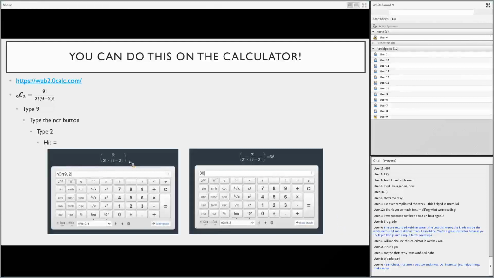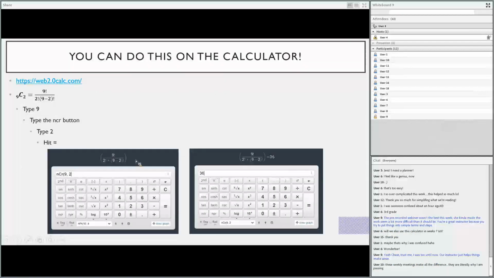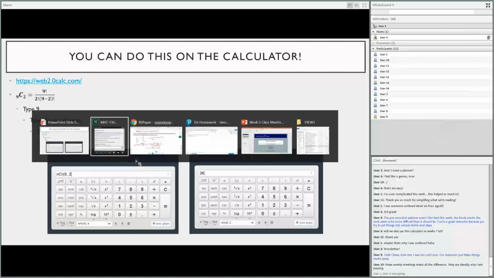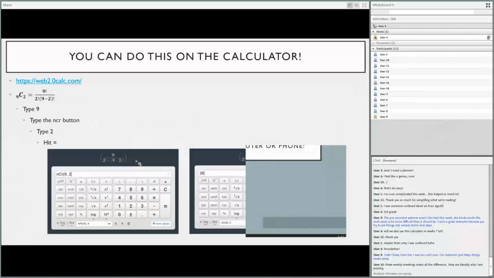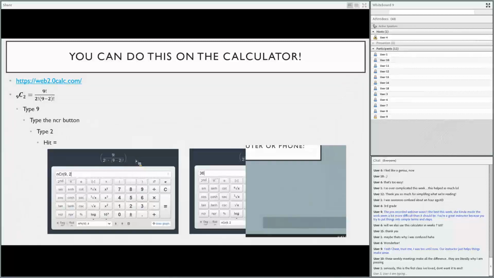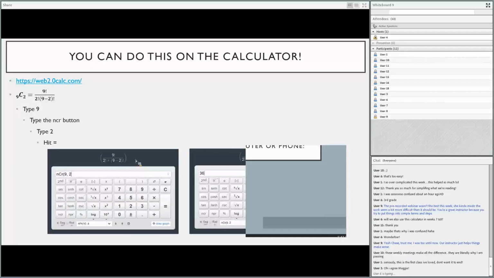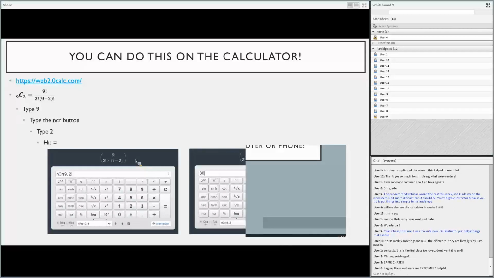That feature of this calculator is going to be super, super helpful in the next 2 weeks, because we're going to have these formulas that are not hard, but putting them into a single line calculator can sometimes get a little gnarly because there's a lot of parentheses you have to put in. So having the ability to see what it looks like before you hit enter, just to make sure everything's in the right place, is helpful. Maybe a number that's supposed to be in the denominator is over on the side, or something that was supposed to be an exponent is in the denominator. It's just a nice way to visually check yourself. So anywho, yes, we're going to use this next week.